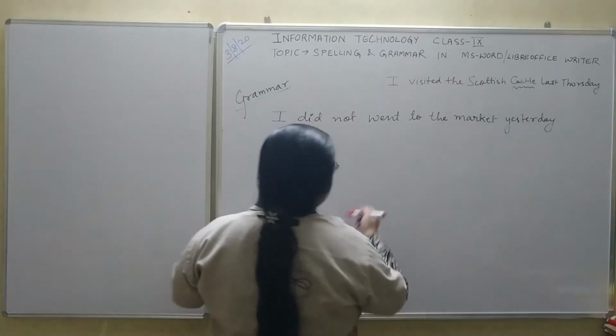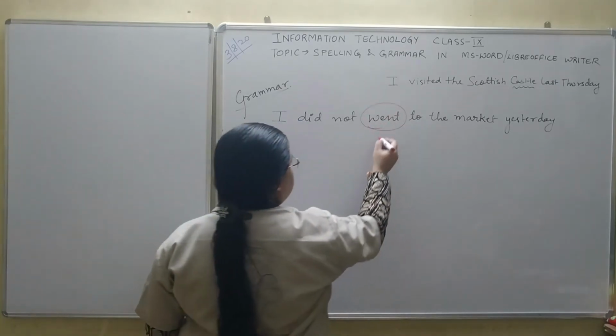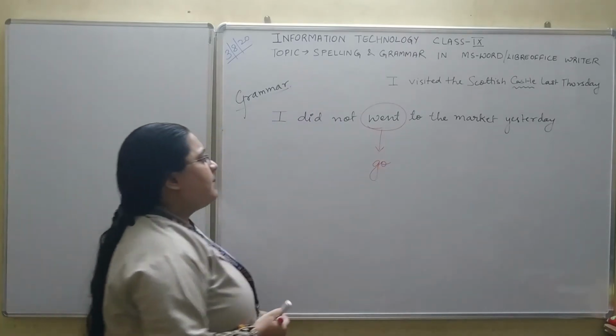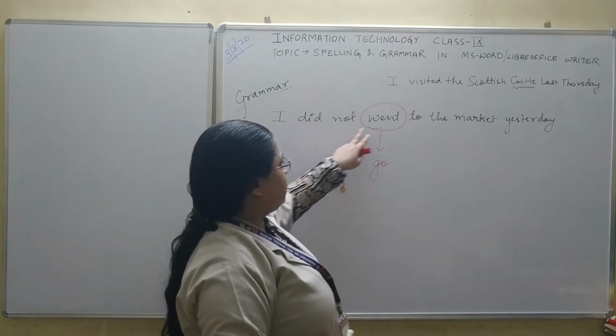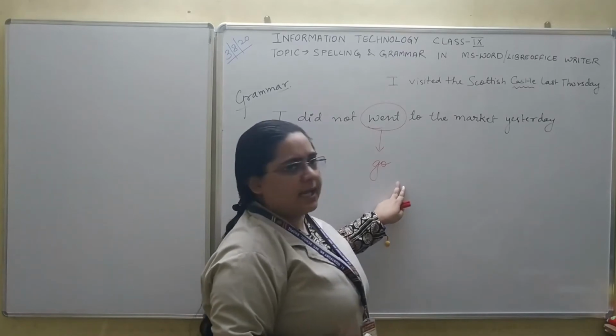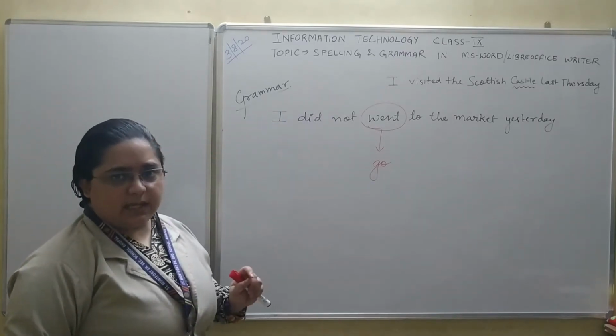In this statement, you can see there is a huge mistake, went. Instead of went, it should be, I did not go to the market yesterday. Got it? So I did not went is wrong. It should be go. Such grammatical errors are also highlighted by the spell check feature.